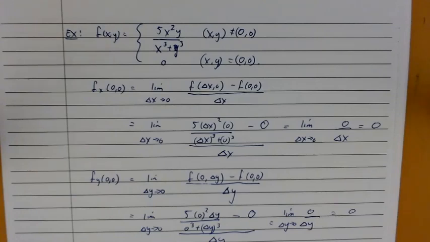If we wanted to confirm whether it's differentiable or not, we could go back and do it by definition. However, if we suspect something is not differentiable, remember, something being differentiable automatically implies that it's continuous. So if it's not continuous, then it can't be differentiable.